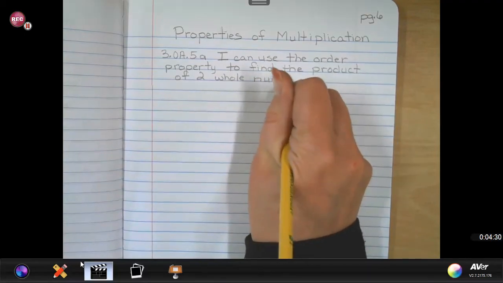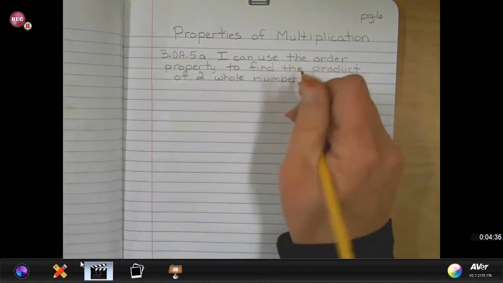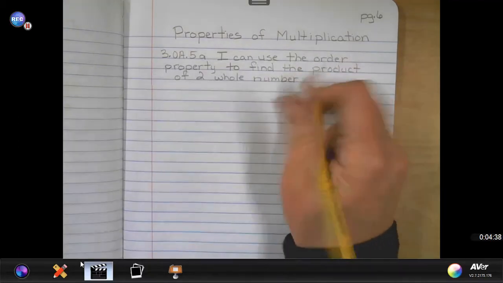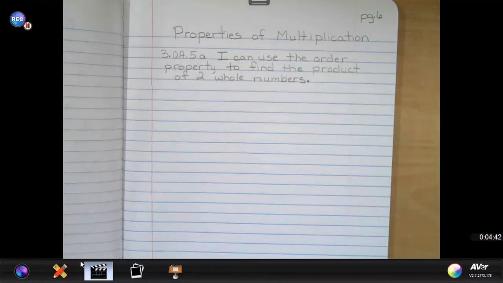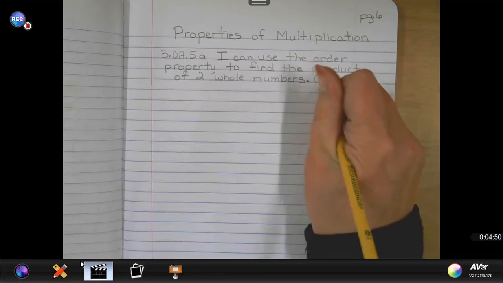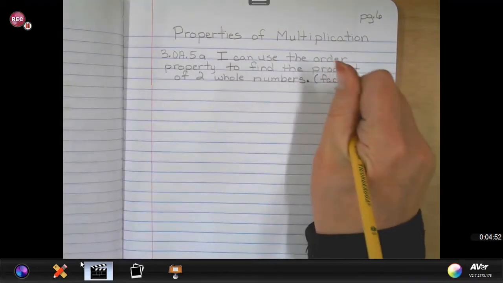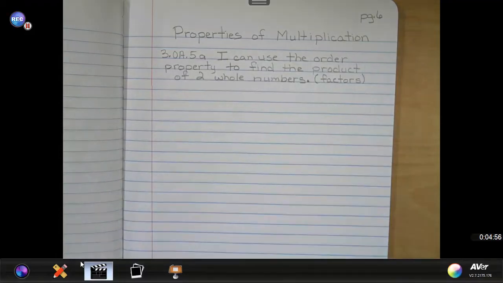Remember, your whole numbers are your counting numbers: 1, 2, 3, 4, 5, 6, 7, 8, 9, 10, and so on. The order property tells us that we can switch the order of the factors, and we are going to write the word factors here because that's a very important vocabulary word.